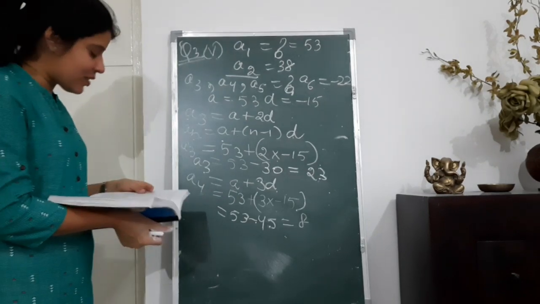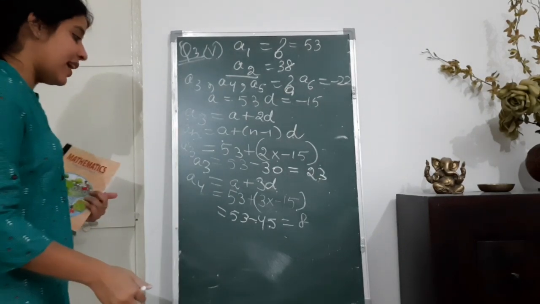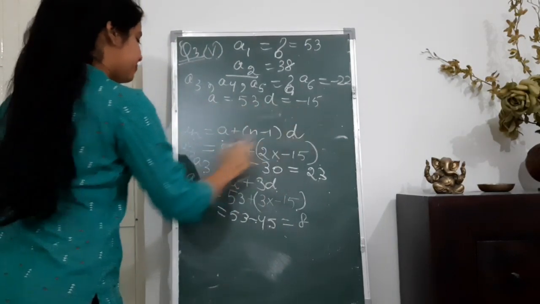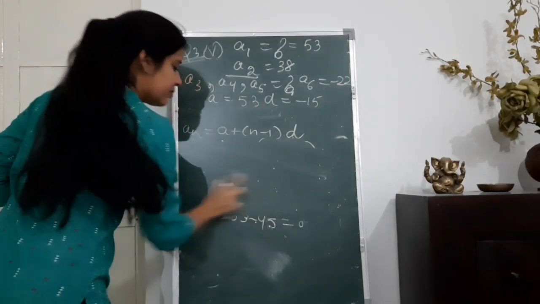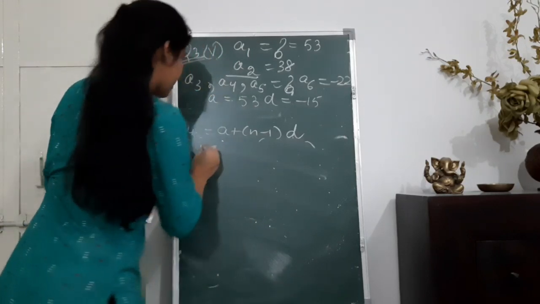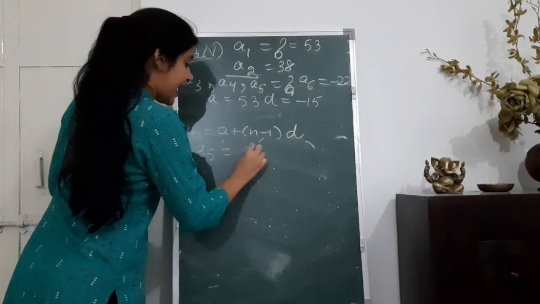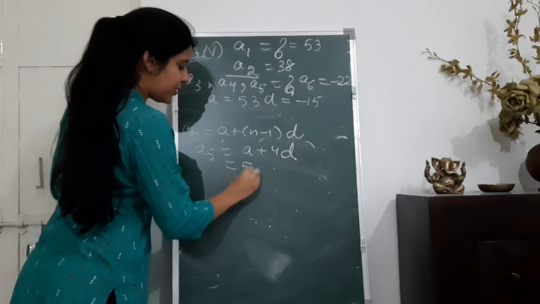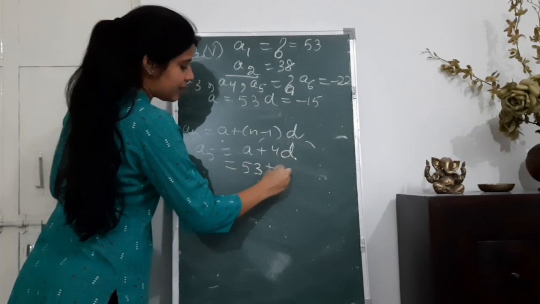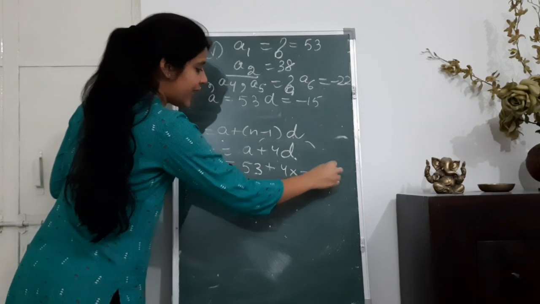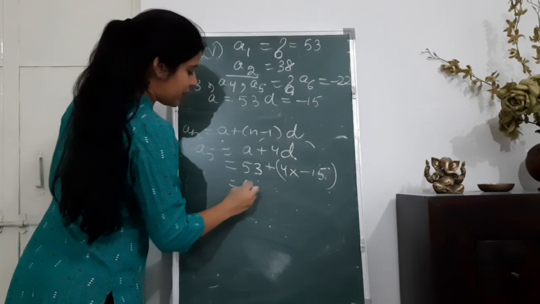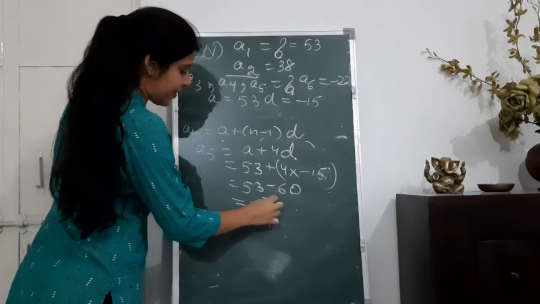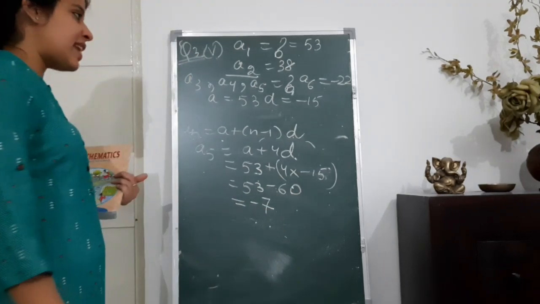So A3 is 23, A4 is 8, and what will A5 be equal to? A plus 4D. A is what? 53 plus 4 into minus 15, which gives me 53 minus 60, which gives me A5 as minus 7.